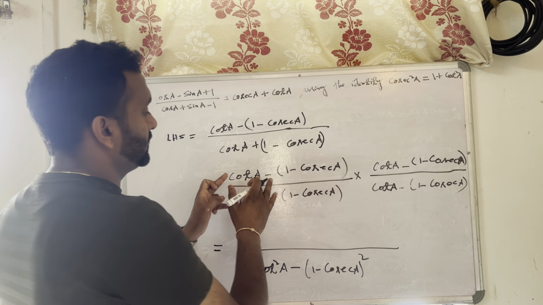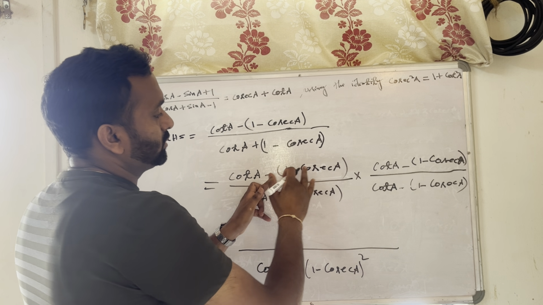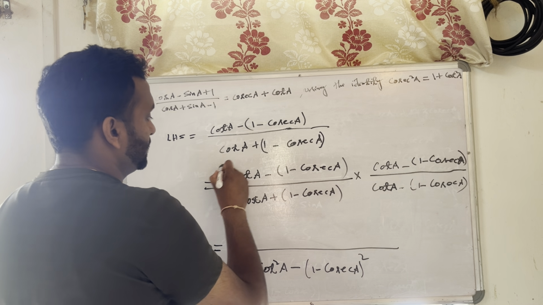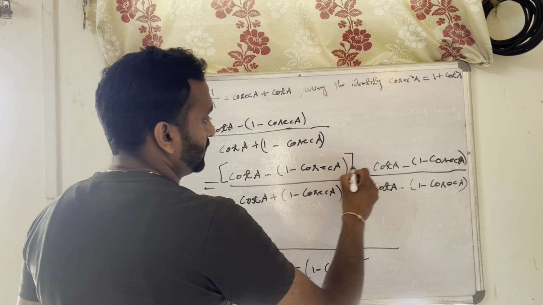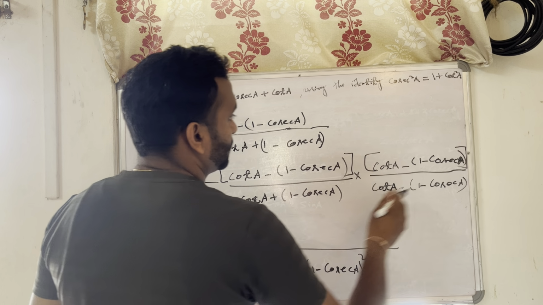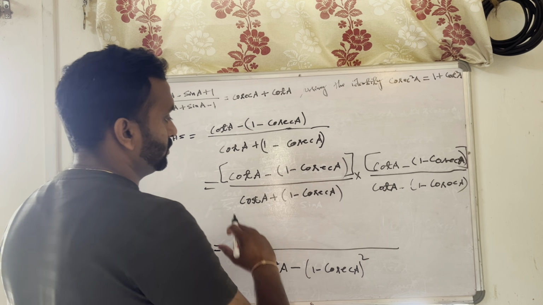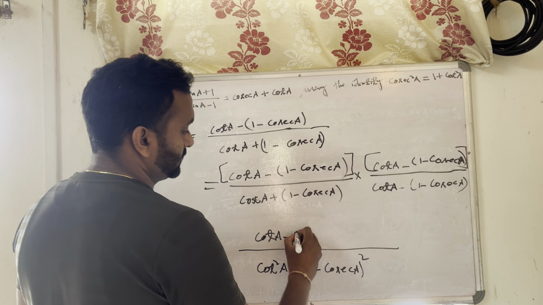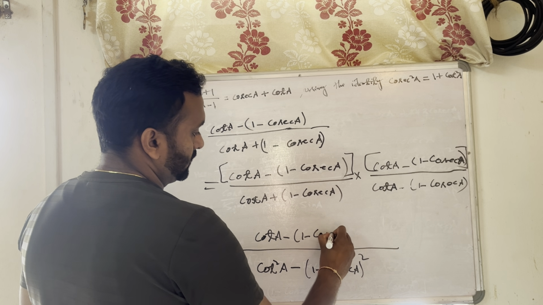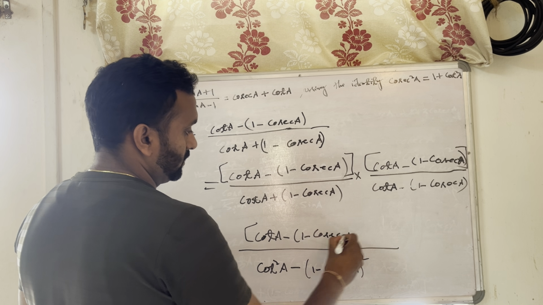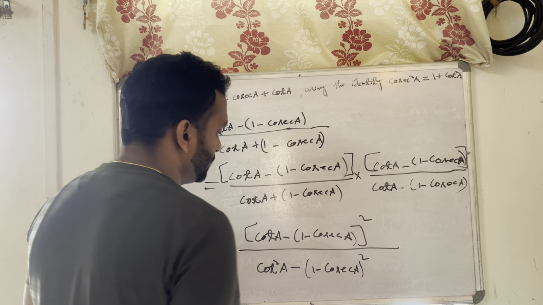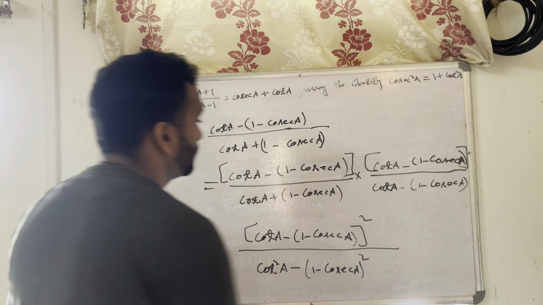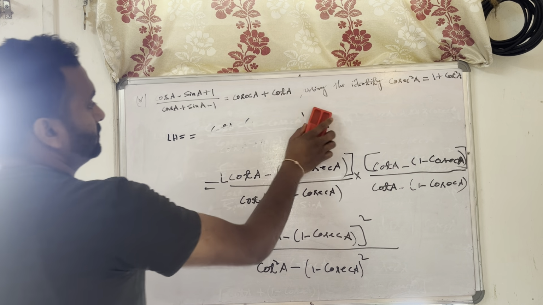Then in the numerator it is cot a minus 1 minus cosec a, again cot a minus 1 minus cosec a. Basically this thing and that thing are exactly the same. So we will get cot a minus 1 minus cosec a whole thing square. Yes or no? So basically this is a minus b whole thing square. So let's proceed with the sum.